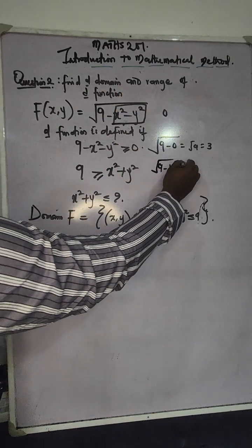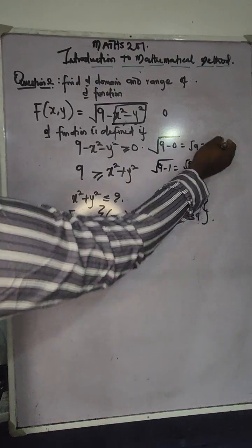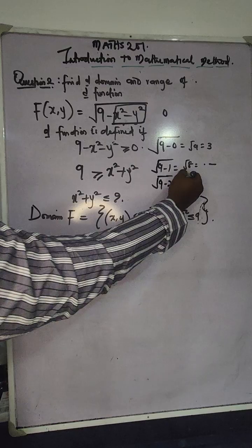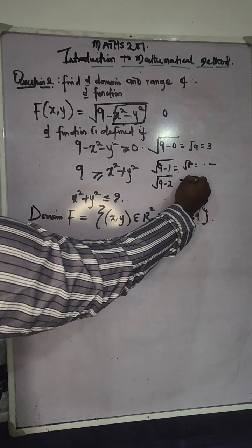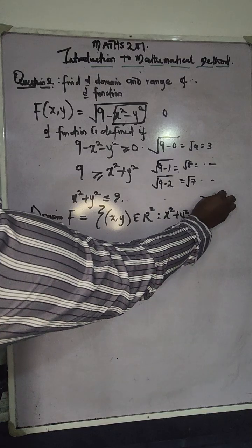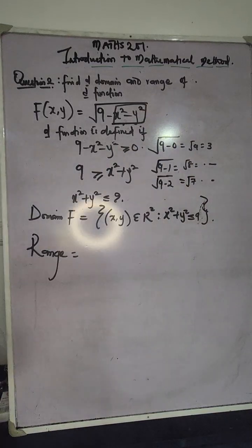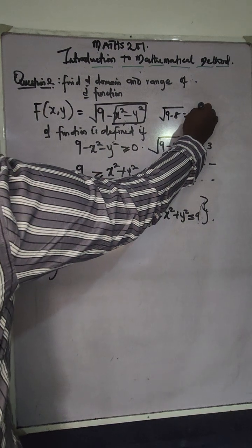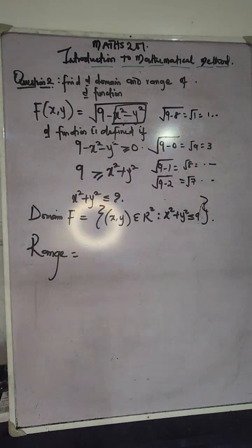So 9 minus 1, square root of 8, that's an answer. 9 minus 2, square root of 7 is an answer, is valid, is defined. Square root of 9 minus 8, which is square root of 1, which is 1, is defined.